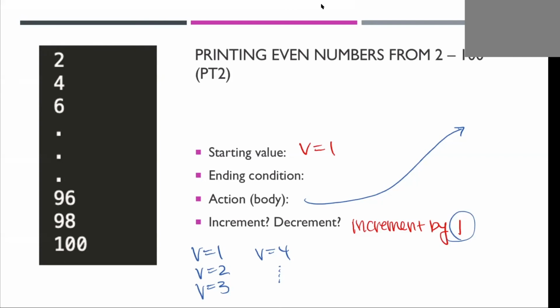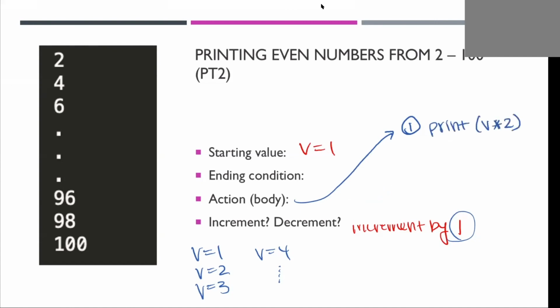So there were a couple of ideas. I actually kind of want to implement both of them. So the first thing right here, someone suggested that we could just do print v times 2.